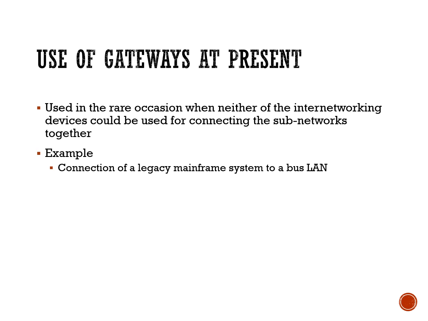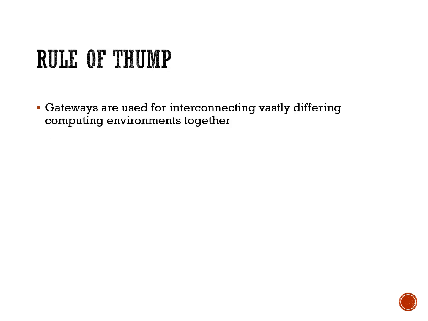In this example, we would use a gateway for connecting a legacy mainframe system to an Ethernet LAN. There you require a device which will be configured as a gateway. So the rule of thumb is that gateways are used for interconnecting vastly different computing environments, which we rarely come across.